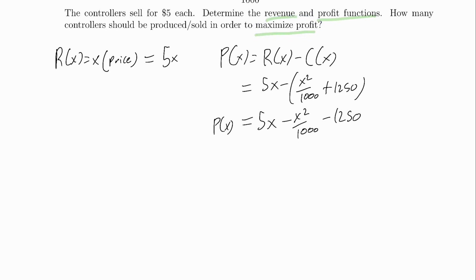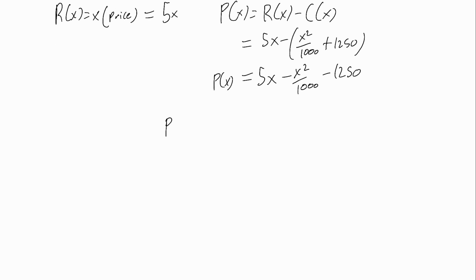And when I say maximize, you should hear take the derivative, set it equal to 0. So our derivative is P prime of X equals 5 minus 2 over 1,000X, just bringing down the exponent here and subtracting 1. But 2 over 1,000, that's the same as 1 over 500.